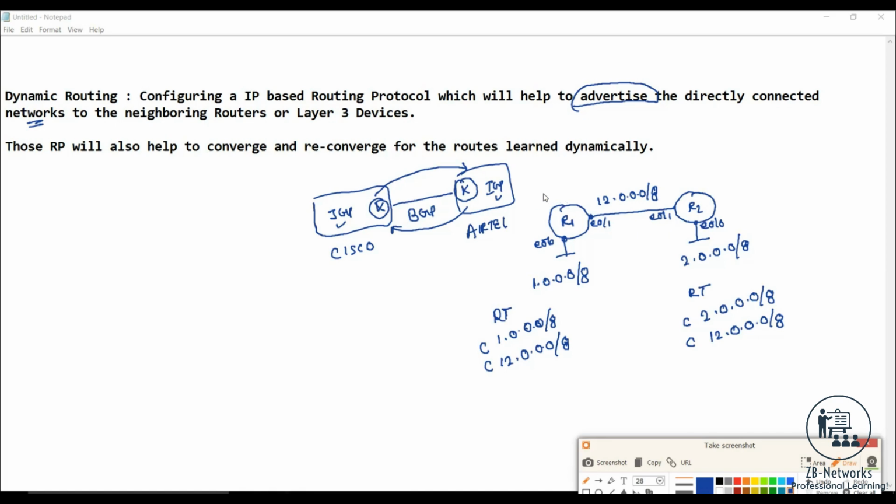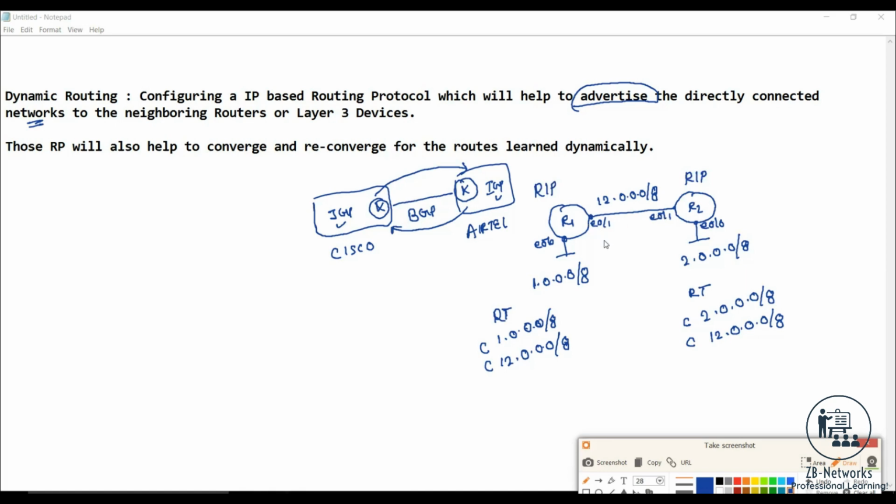If I think that these 2 routers are part of the same autonomous system, think of them like 2 branches of the same company, branch 1 and branch 2, I would choose a routing protocol which is the same again. Let us say I choose RIP as the routing protocol over here. So it should be RIP on the other side as well. If one side runs RIP and the other side EIGRP, by default they will not talk to each other, so the protocol has to be the same.